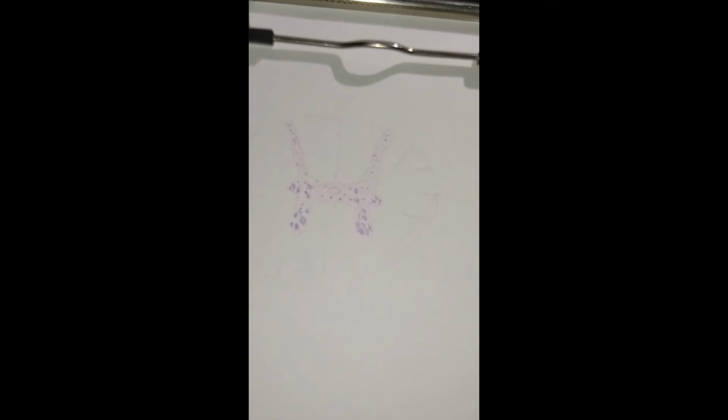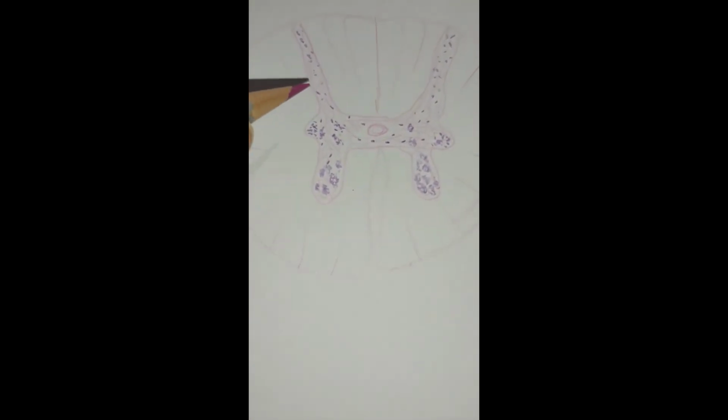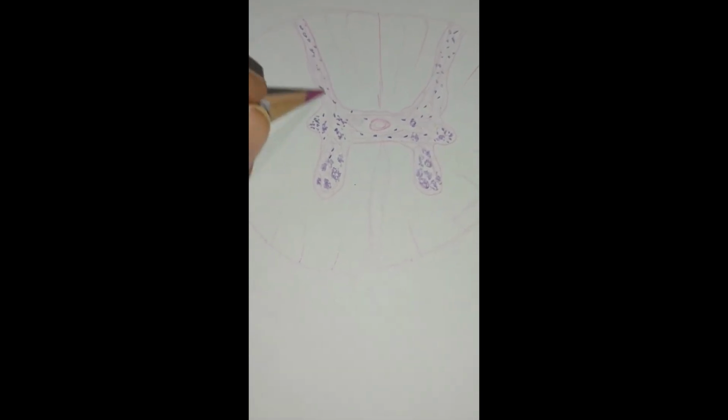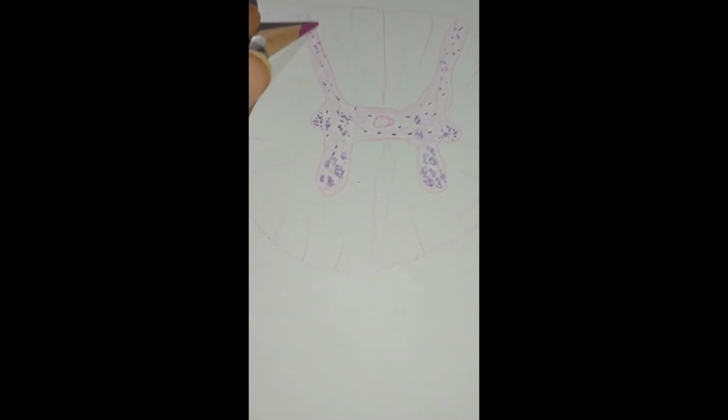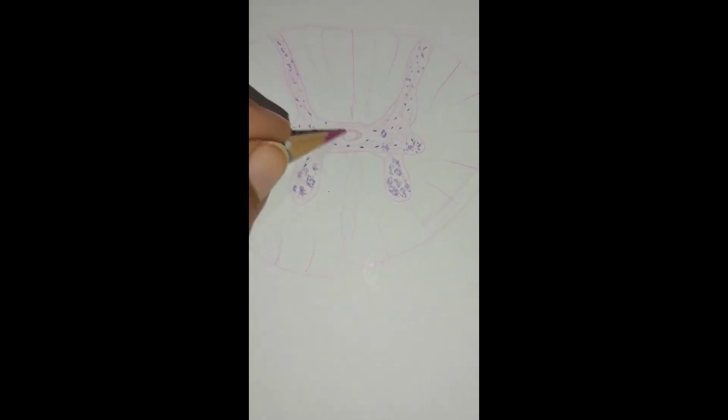And I have colored the gray matter to show the axons going out from the gray matter, and once they are out from the gray matter, they become myelinated.